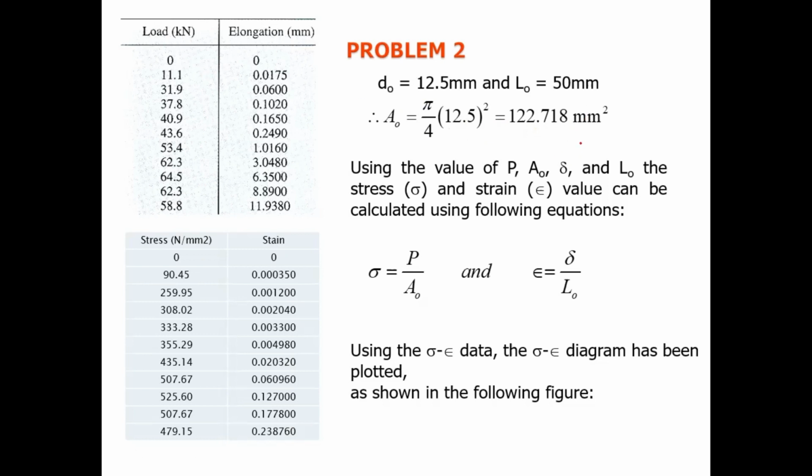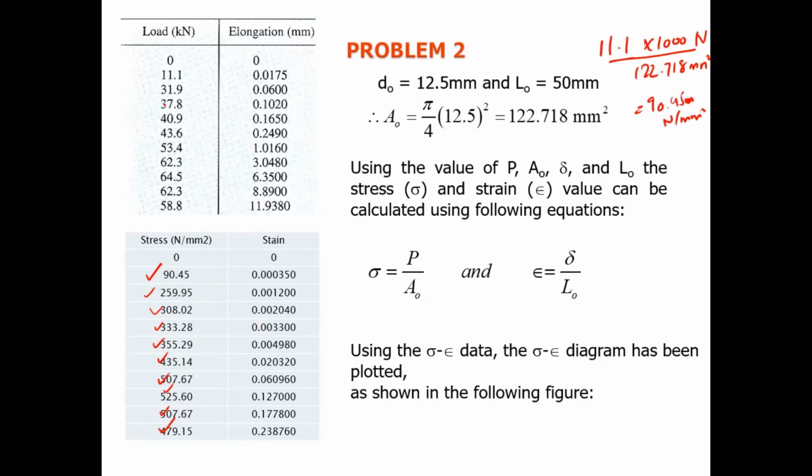If you write it like this, 11.1 multiplied by 1000, it will be in Newton, divided by 122.718 millimeter square. The answer will be 90.45 Newton per millimeter square. This is the first stress. In this way, you can calculate all the values of the stress.